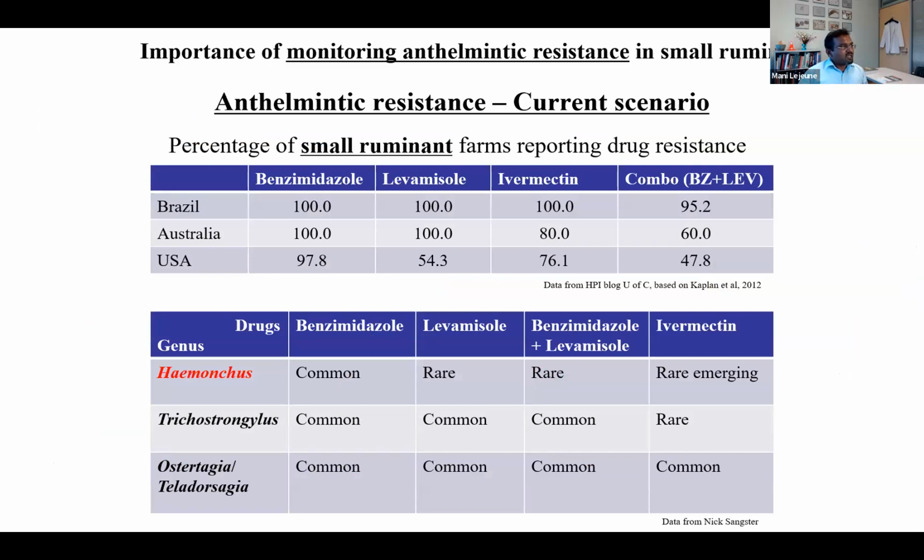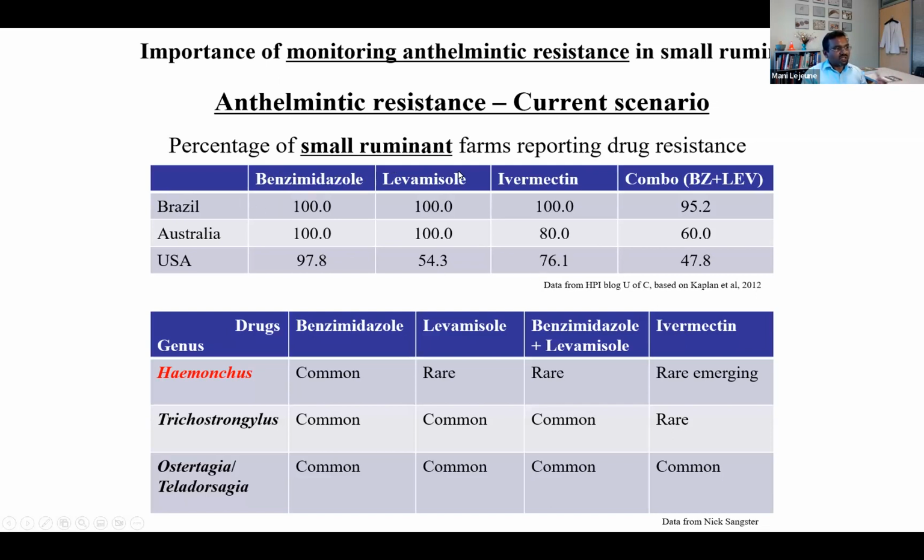So the last part of my talk is to mention a test that we do for monitoring anthelmintic resistance. Before that, I just want to give you the current scenario of what the anthelmintic resistance issue is in the US. This data was taken from 2012, but the situation is becoming much worse now, I would say.